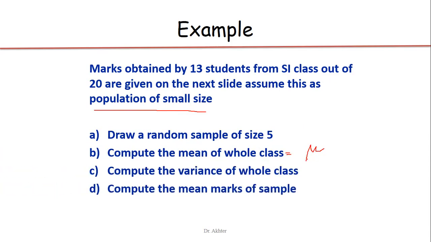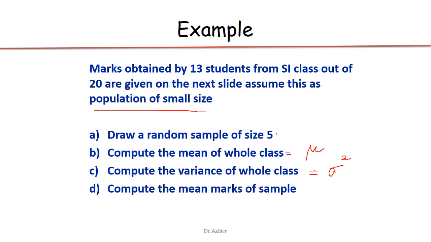Then we calculate the variance of the whole class. This is also a parameter, referred to as sigma square. Sigma square is the variance of the population, a parameter, and mu is the mean of the whole class. Then we compute the mean of a sample.